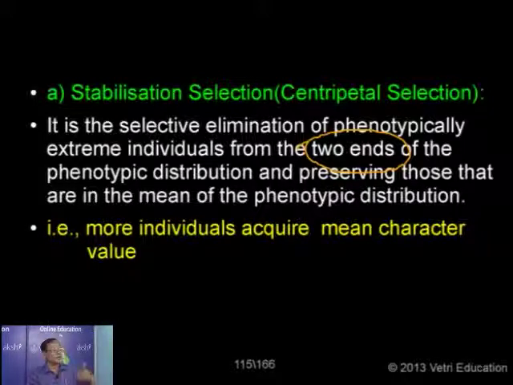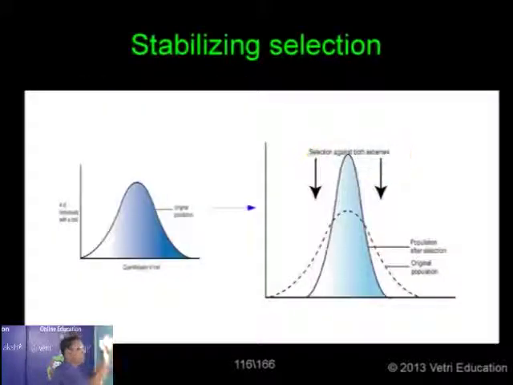That is why the curve is going up in the form of a peak. See that one? This is the original population, and these two are eliminated, and now the mean value character is increasing. So the selection pressure is against the extremities. That is why we can have a greater number of individuals in the mean value.